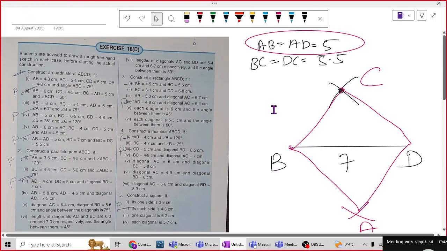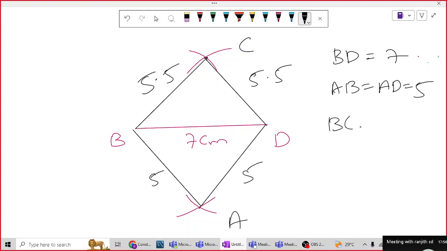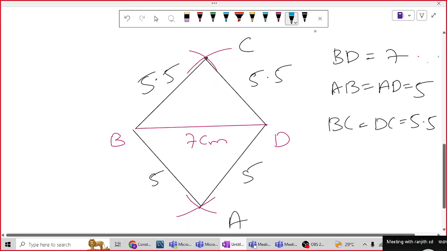Look, this is the question given. We took BD as 5. Then Mariana, can you see here?